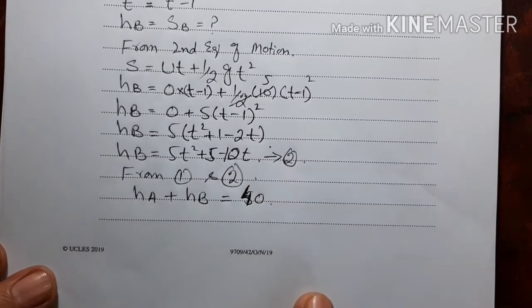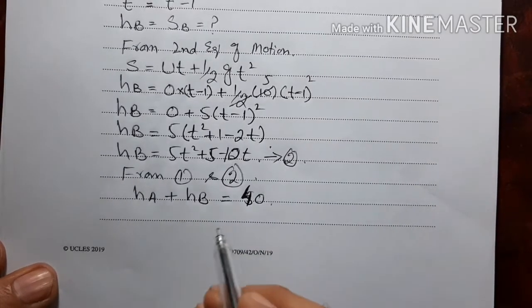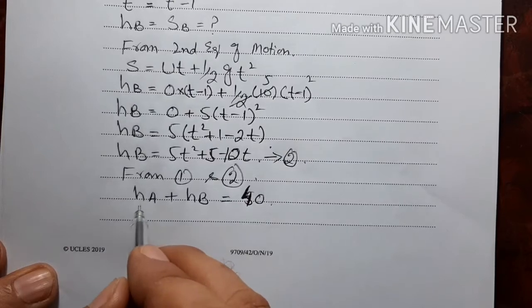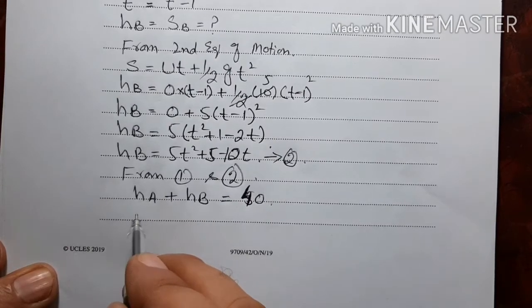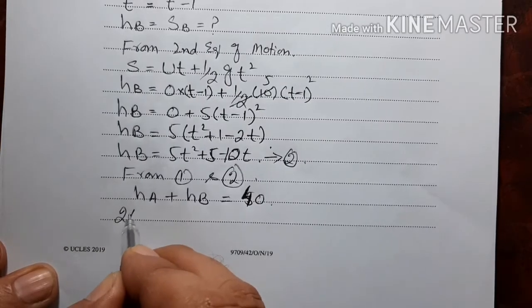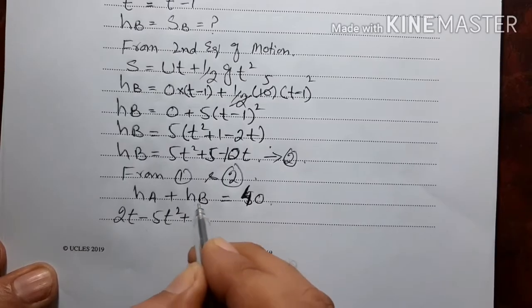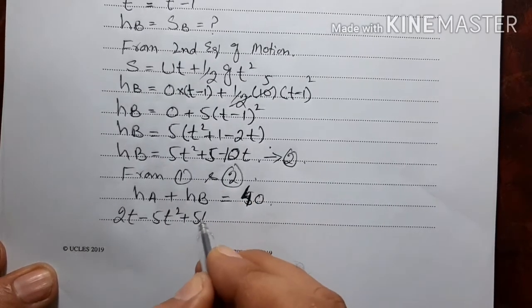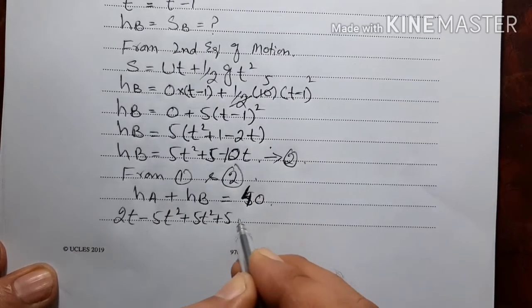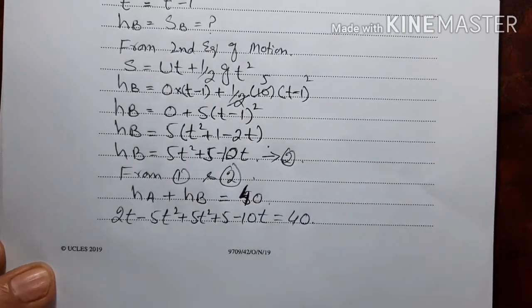Now, by putting the values, HA is 20t minus 5t square, plus HB is 5t square plus 5 minus 10t, is equal to 40.